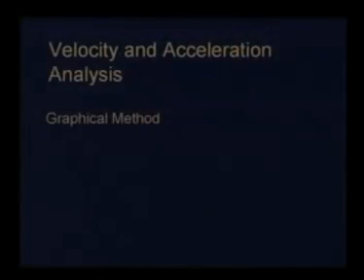In this graphical method, we draw what is known as velocity and acceleration diagrams. Because it is a planar mechanism, the velocity vectors are two-dimensional. That means they can be represented by a two-dimensional vector. So the velocity of various points of the mechanism will be drawn as vectors after choosing a scale.